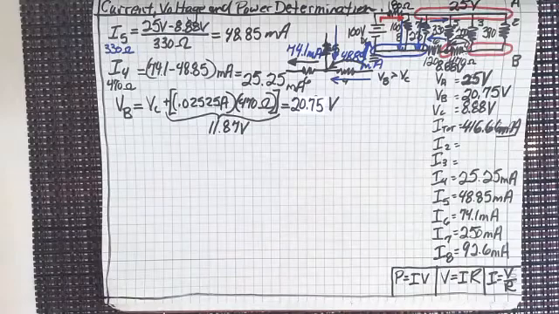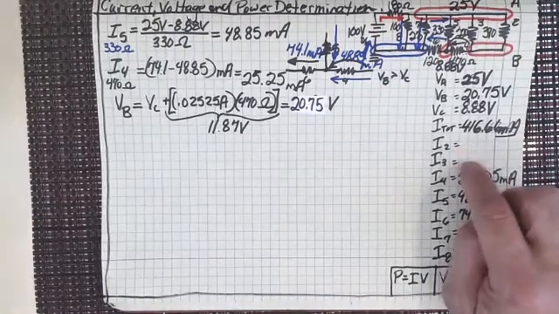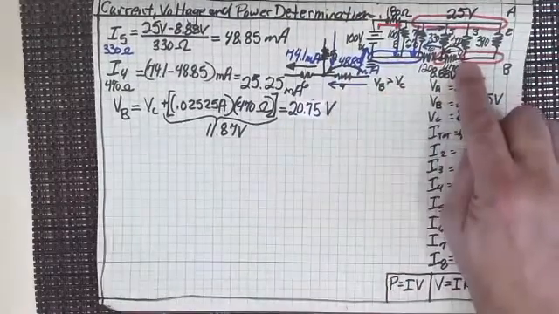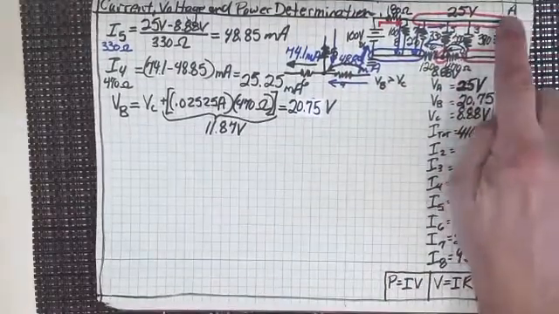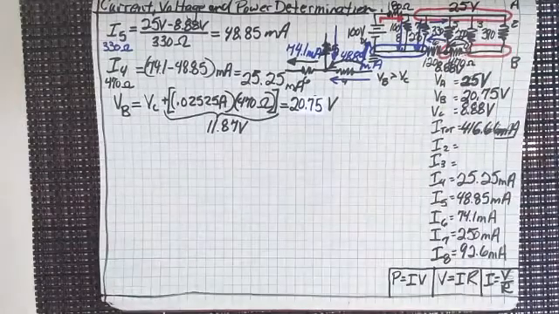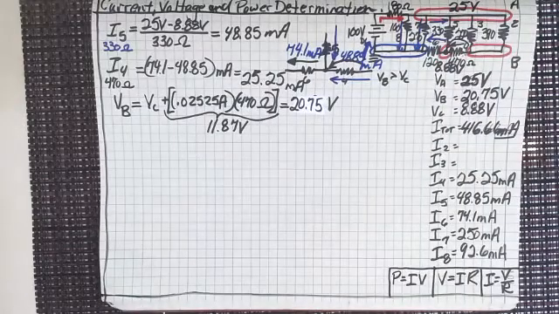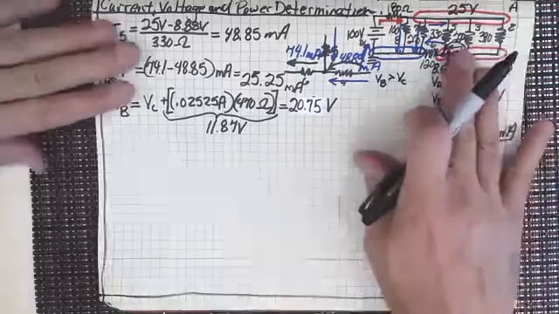All right. All we need now is I2 and I3, and those should be easy because we know what the two terminal voltages are on both of those resistors, right? So let's just figure those out. We'll figure them out one at a time.